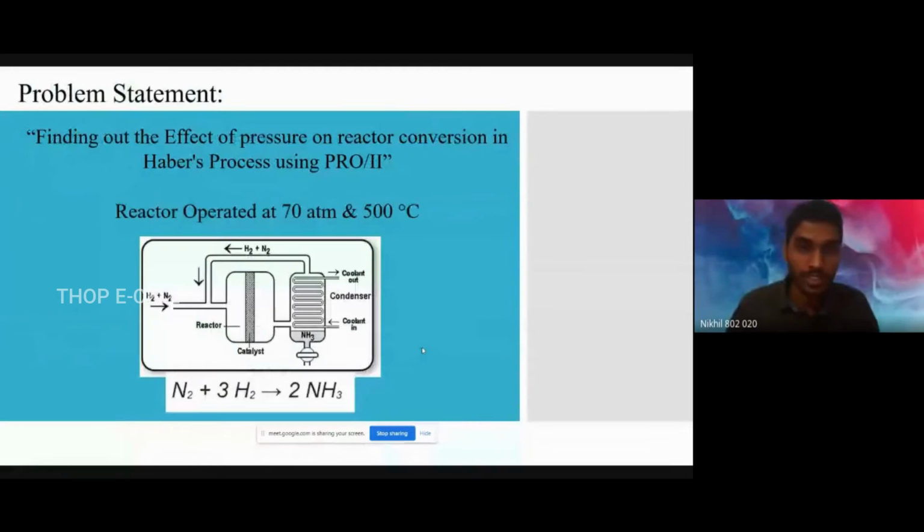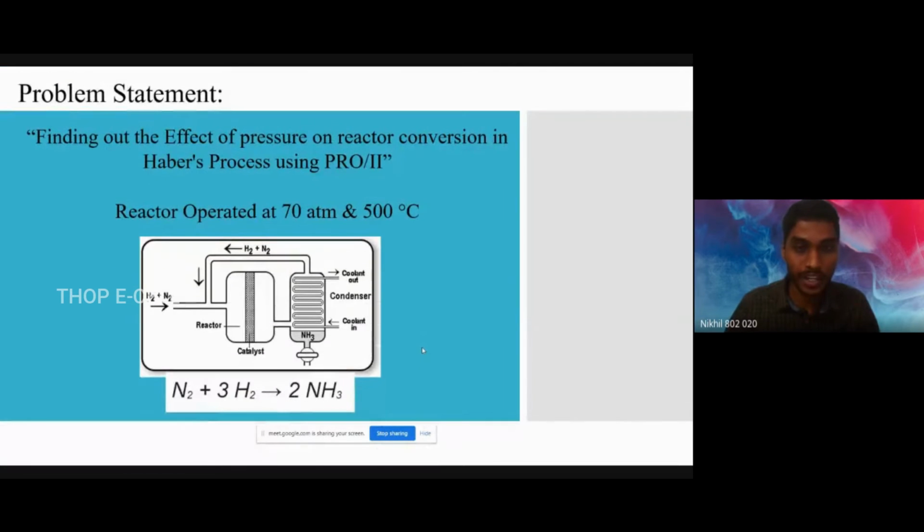Yes. So this is our problem statement. Our problem statement is to find out the effect of pressure on reactor conversion in Haber's process using Pro2. So this is the Haber's process. Usually we initially feed nitrogen and hydrogen in a 1:3 ratio, and then we feed it to a reactor where the reaction happens, and we get ammonia, and we separate it using a separator, and we recycle the gaseous phase.